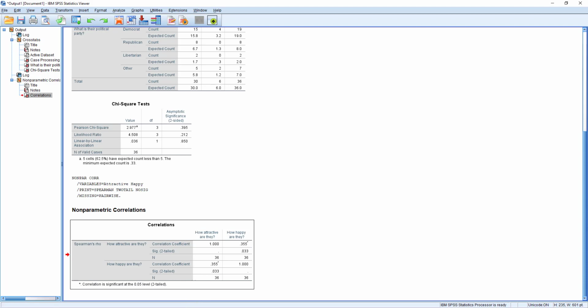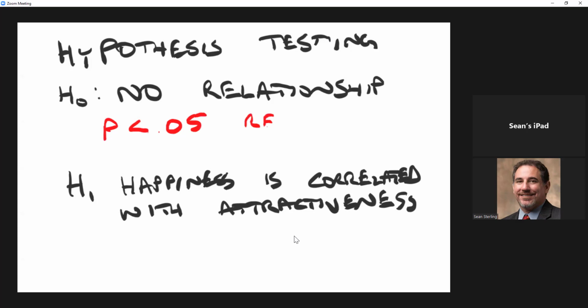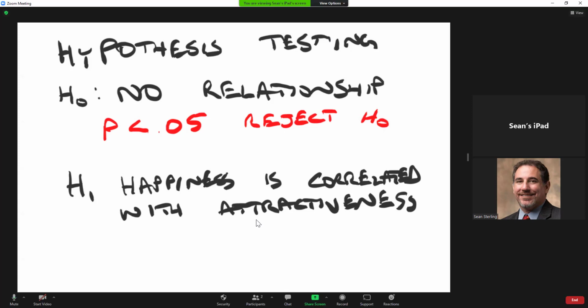So let's take a look at our pad here, and so because P in this situation is less than 0.05, that means we reject the null. Okay? Which means that in our sample, there is a significant correlation between happiness and attractiveness.